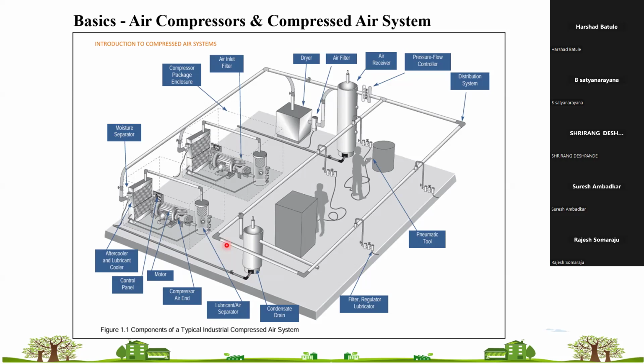So these are some different equipments. This air inlet filter, what is the use of your air inlet filter? Whatever dust particles are present in your ambient air, the filter will prevent them from flowing directly into the air compressor, because they will damage your valves and cylinders and everything in your entire distribution network.